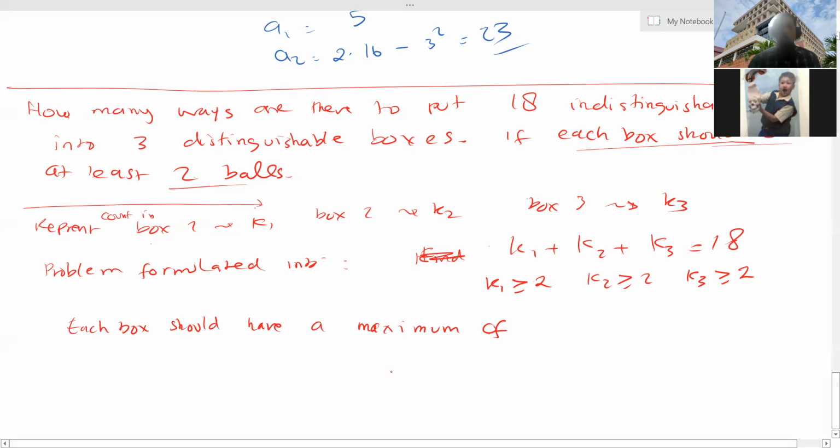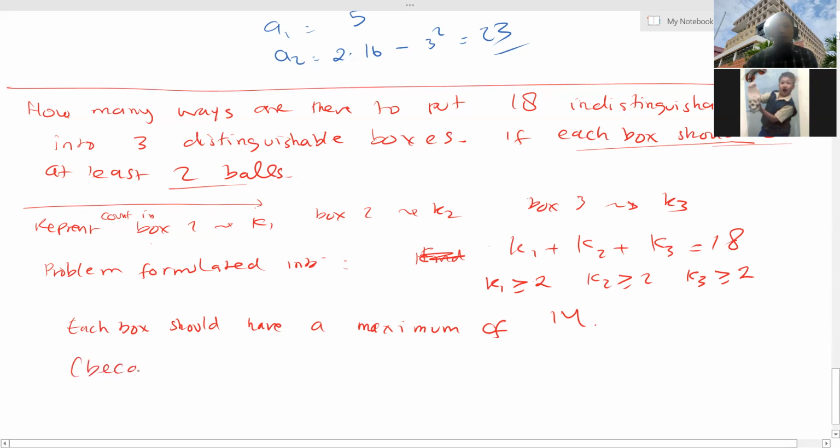At most. A maximum of how many balls? 16. Why 16? Because we need 2 balls in the other boxes. Yeah, we need 2 balls in the other 2 boxes, right? Not just 1 box. So a maximum of 14, not 16. You see that?